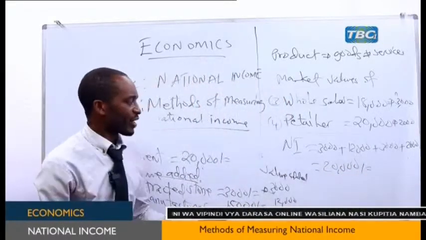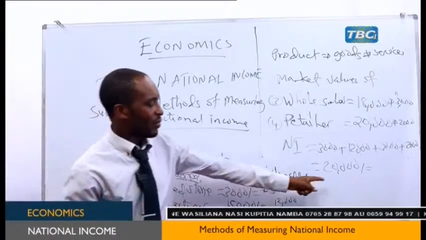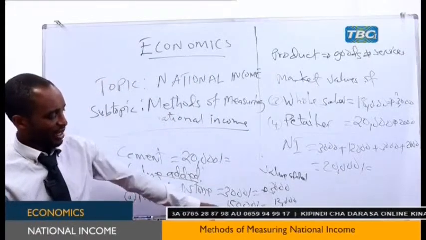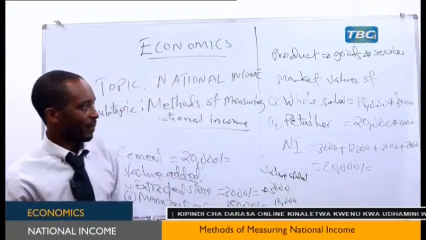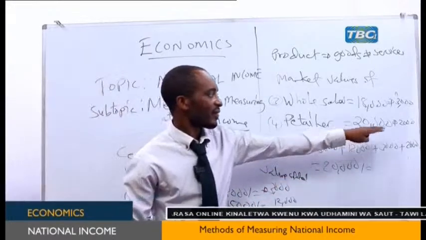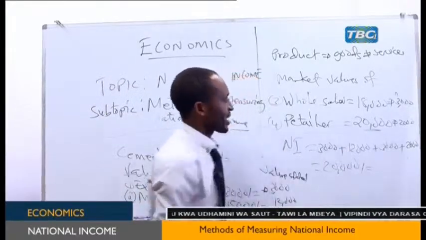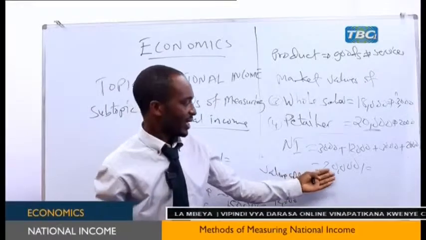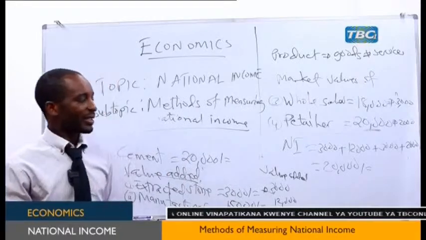So if our economy is producing only one commodity, which is cement, the national income will be 20,000. So by using the value added method, you do it like this, by adding the value added in each stage. Or you can take just the final price, which is the retailing price of 20,000, which will be the same as the value added in each stage. So that is case number 1.